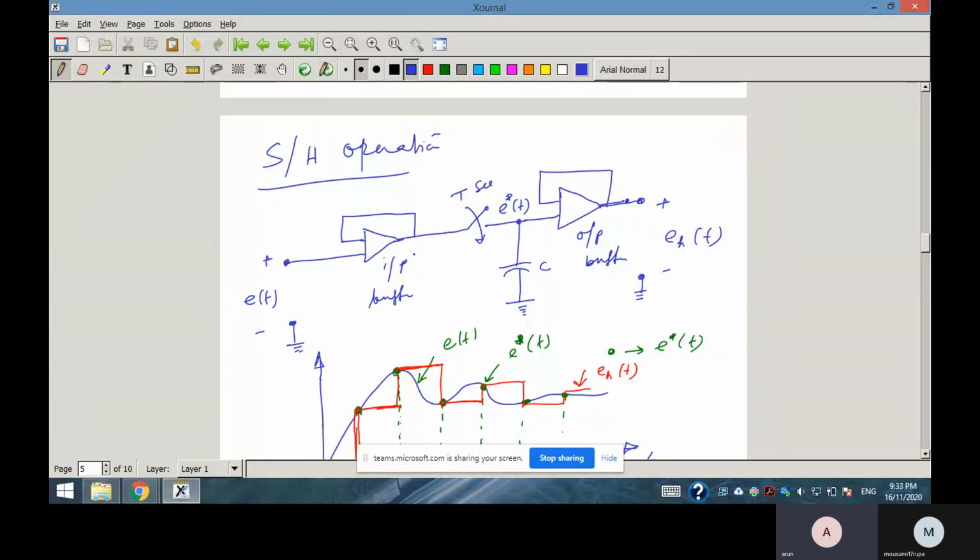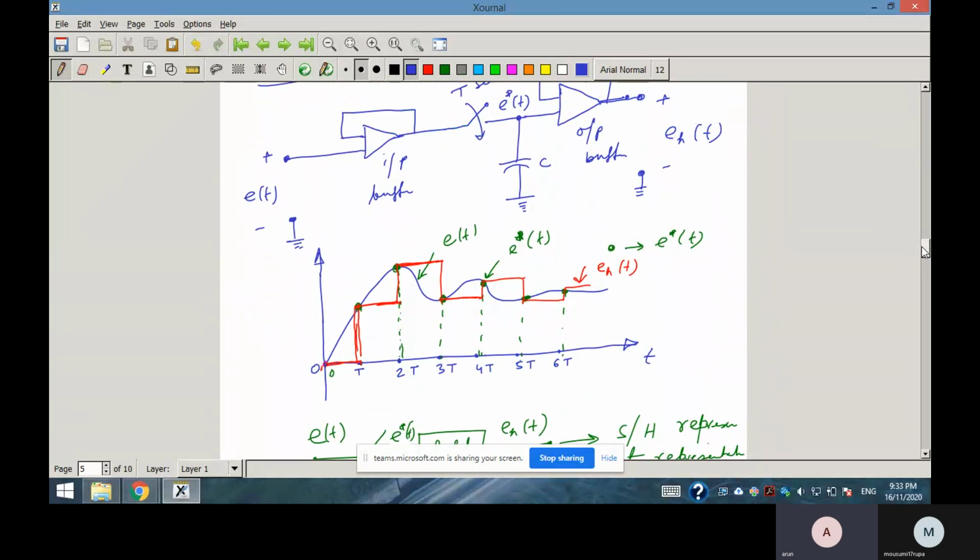So that's why, what will happen to the capacitor? Once the switch closes, the capacitor will instantly take that value. Instantly it will charge, because here the resistance is zero, impedance will be zero.